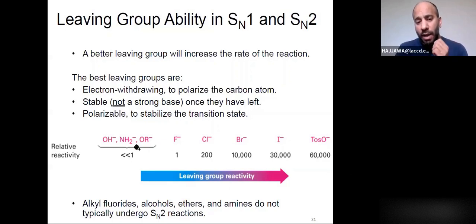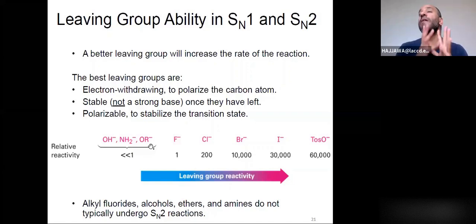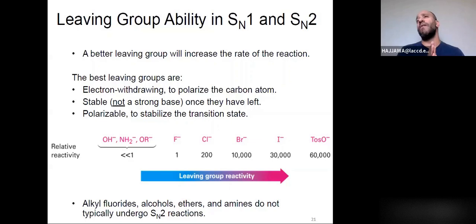So alcohols, amines, and ethers are very bad leaving groups. So if I have an alcohol reacting with a nucleophile, and I'm asked to predict the outcome of a reaction, what do I write? I write no reaction. Why? Because it's a bad leaving group. It cannot leave. OH as an OH minus is a strong base.